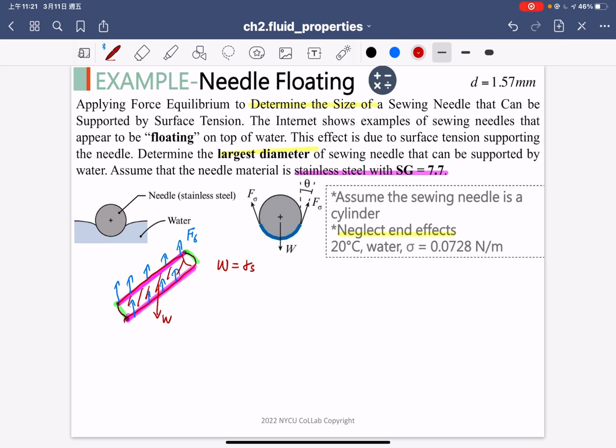So I use gamma S multiplied by the volume, so we have the weight, right? But we don't know the gamma S right now.